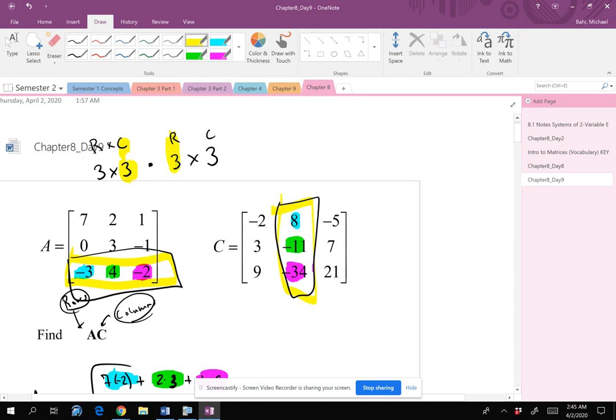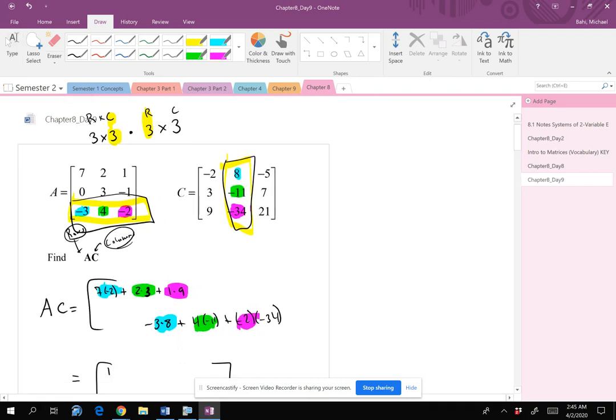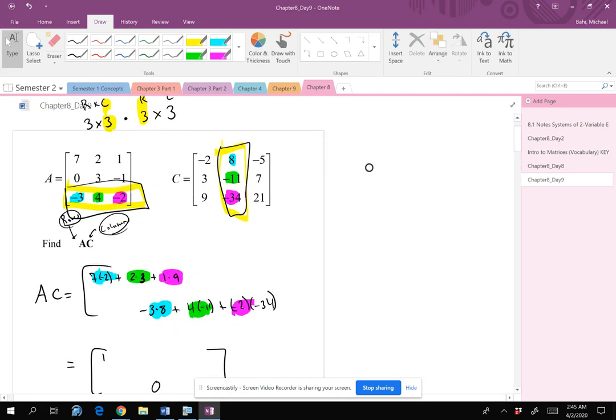Notice how these are both 3 and 3. Otherwise, each element wouldn't have a partner to be multiplied by. There wouldn't be 2 blues, 2 greens, and 2 pinks. One of them wouldn't match, and therefore you would not be able to get an answer.